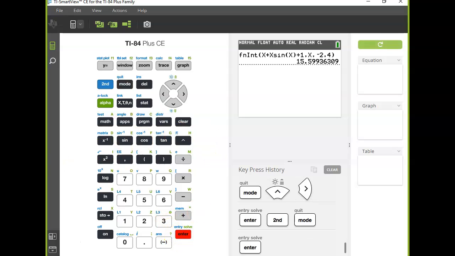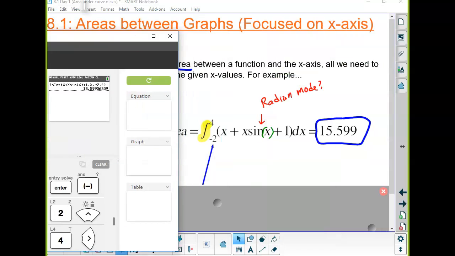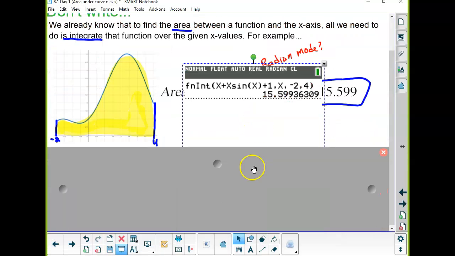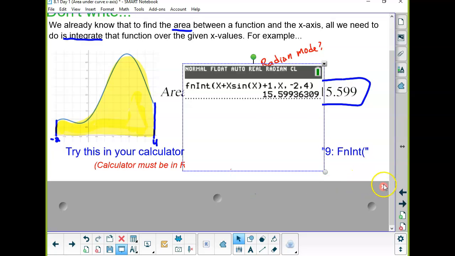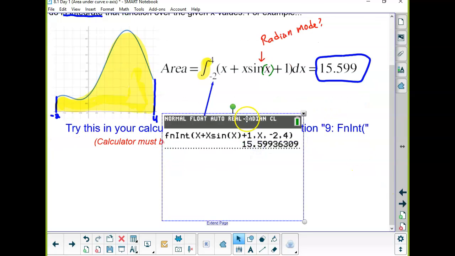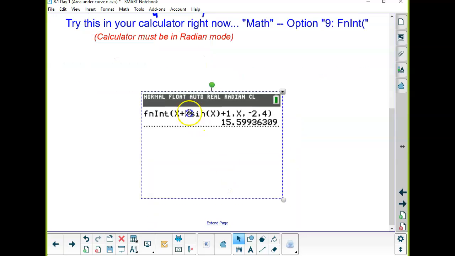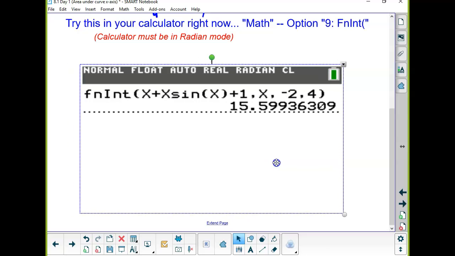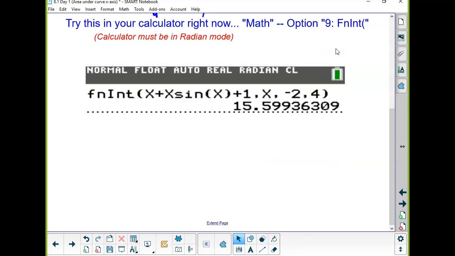So, if you have the TI-83, you know what? Let me show this on a separate screen. I'll make it much bigger. Okay, so look at how you have to enter this.